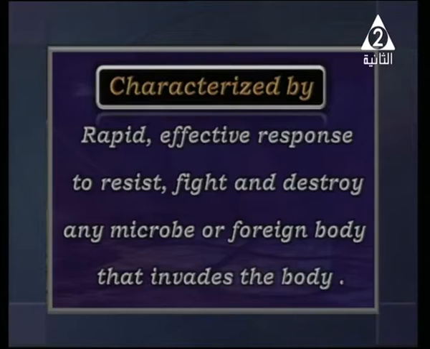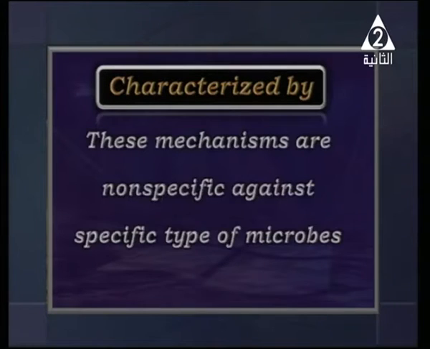Also, these mechanisms are not specific against a specific type of microbes or antigens. I mean, there is no specificity, such as one group of viruses they can invade and another group they cannot.